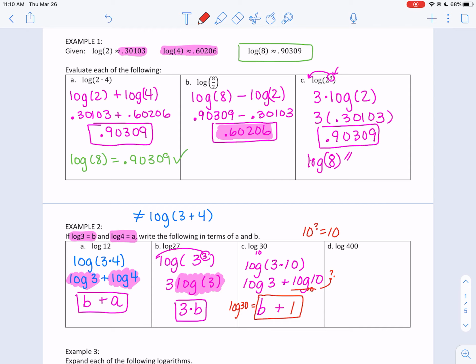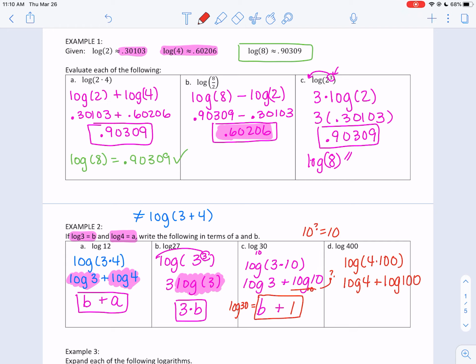We can do the same with log 400, and we can write that as log of 4 times 100. Notice again, the base is 10, so we can use powers of 10. That would be the same as log 4 plus log 100.